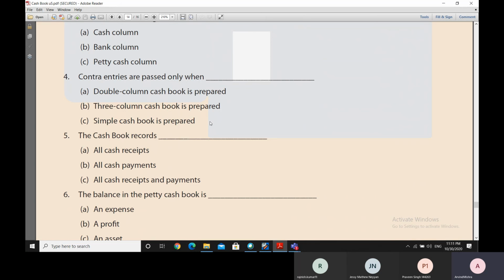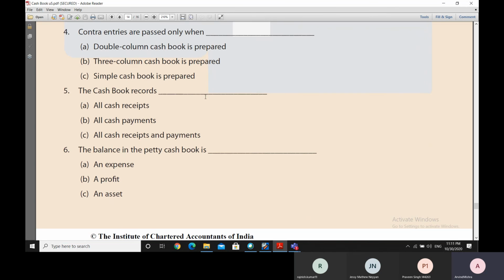So in a simple cash book, no contra entries are passed because there is no bank column there. And of course, in the 3-column cash book, contra entries can also be passed, but the more appropriate answer would be that contra entries are passed only when a double-column cash book is prepared.